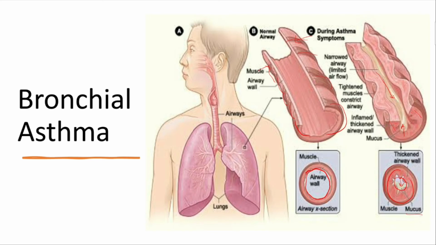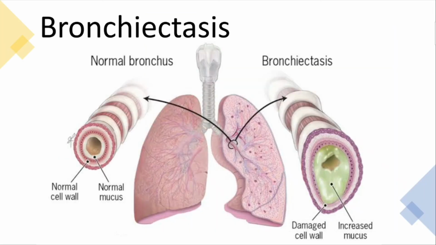The airflow is further impeded by the presence of excessive mucus, which the patient is unable to clear because an effective cough cannot be produced. Clinically, asthma is characterized by difficulty in breathing, dyspnea, and wheezing. Some sympathomimetic drugs like epinephrine can cause bronchodilation and relieve bronchial asthma.